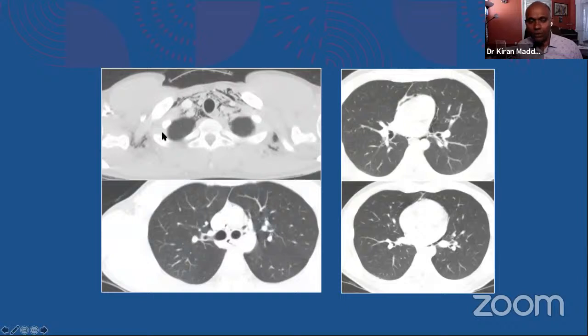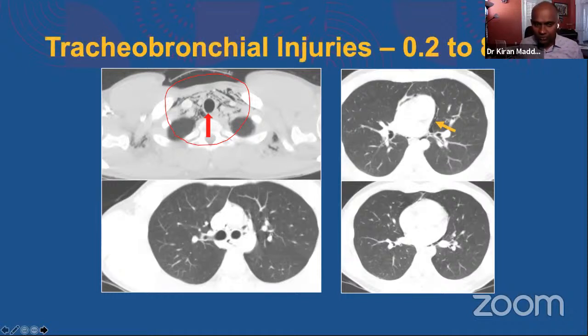This is a lung window of the superior aspect of the chest where you see extensive gas pockets within the soft tissues, and you can see the pneumomediastinum, but no pneumothorax. So this is one of the common presentations of tracheobronchial injury.